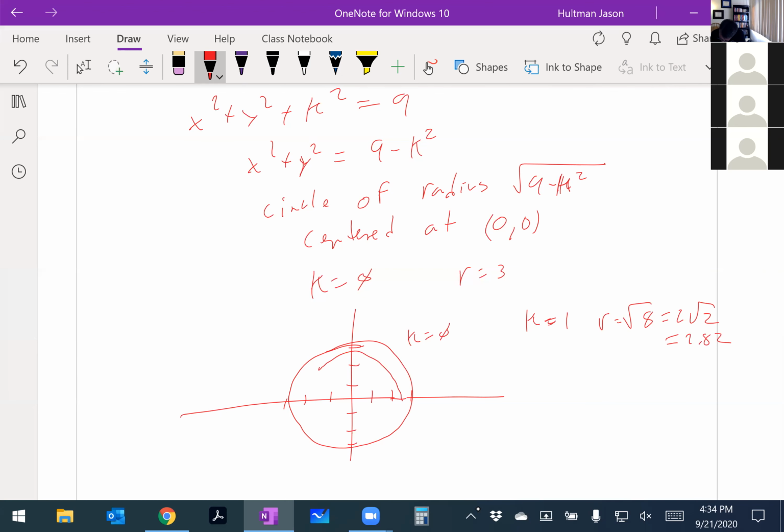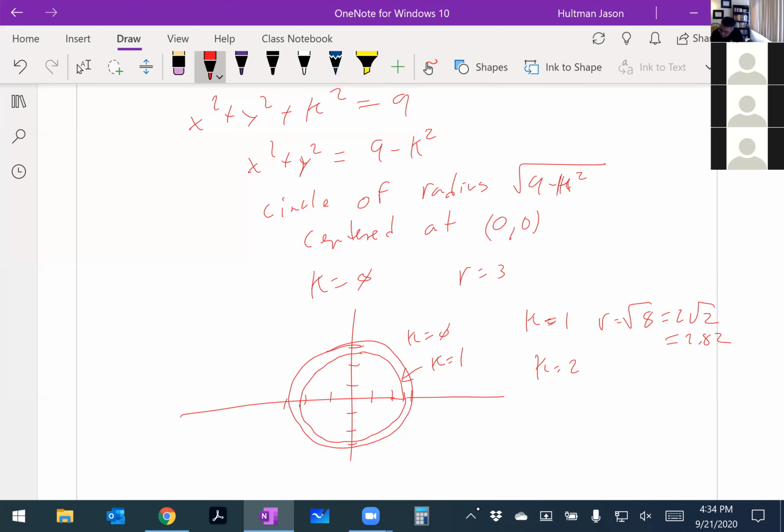Again, my circles are going to suck, so apologize for my sucky circles already. But we get this guy there, and that's going to be k equals 1. Okay, what about k equals 2?